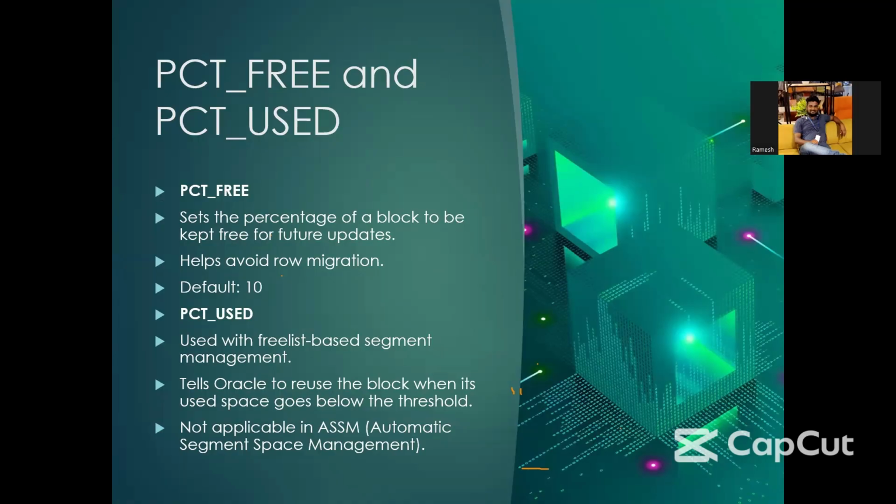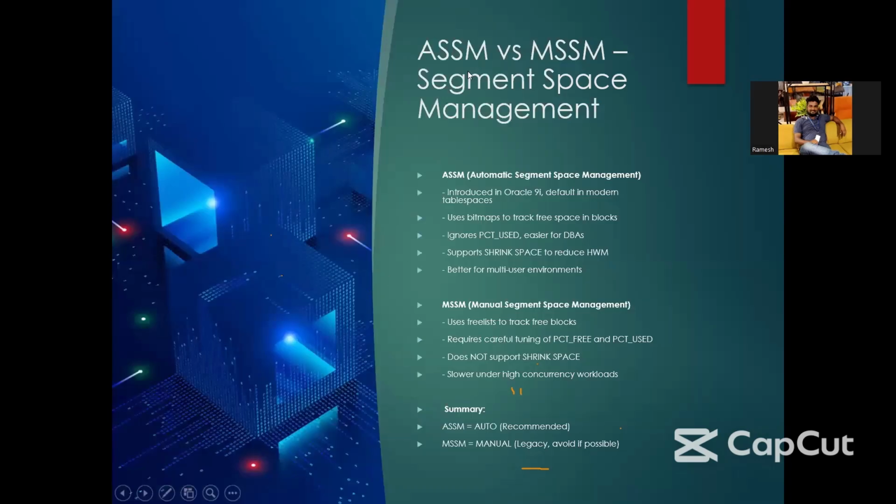What is PCTUSED? It is used with freelist-based segment management. It tells Oracle to reuse the block when its used space goes below the threshold. It is not applicable right now, because we are all using ASSM. Let me tell you what ASSM is.